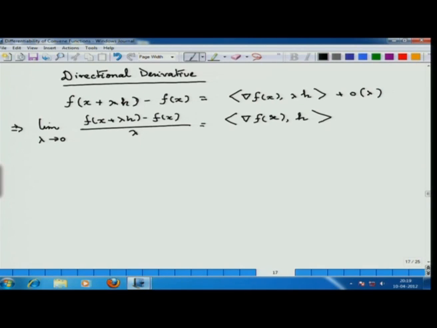Now, here lambda is supposed to go both from the right-hand side to 0 and the left-hand side to 0. It could be an increment in any direction, it does not matter.